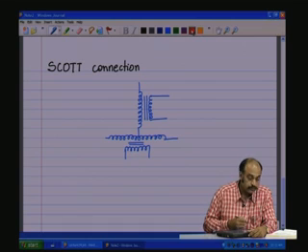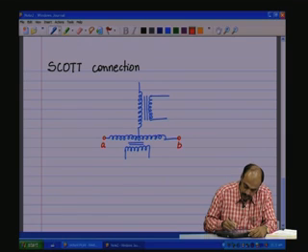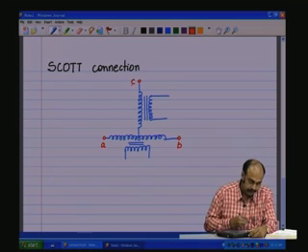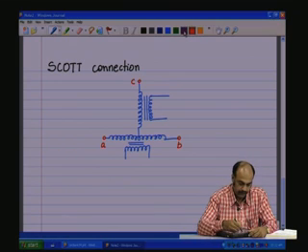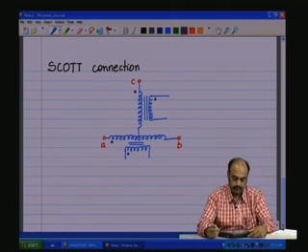So, we have this point is A, this point is B, this point is C. With the following dot polarities, we have the dot here and the dot here and dot here.